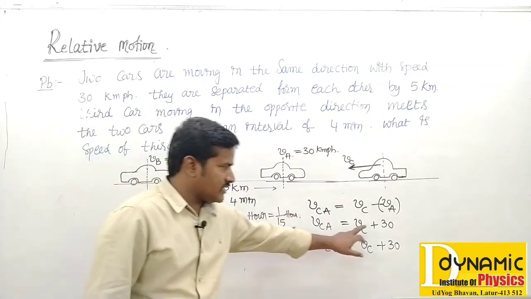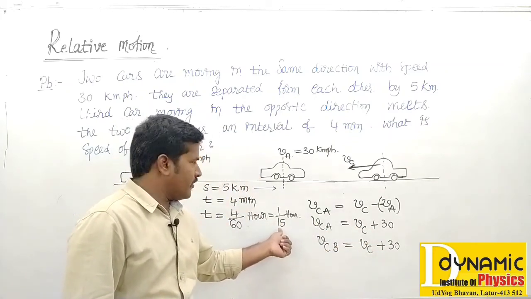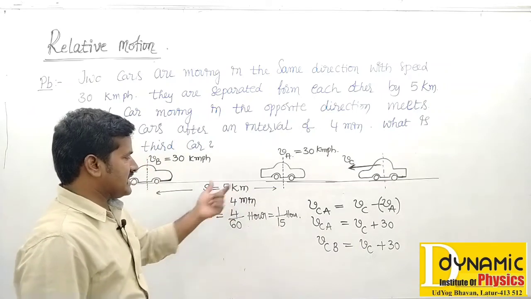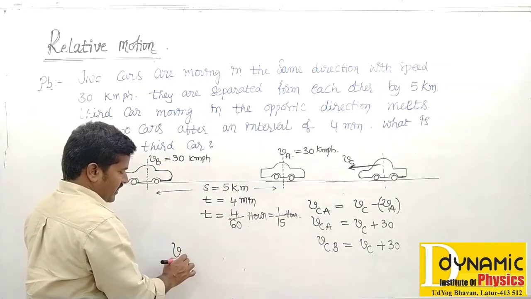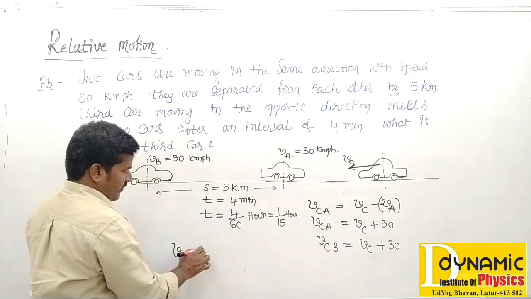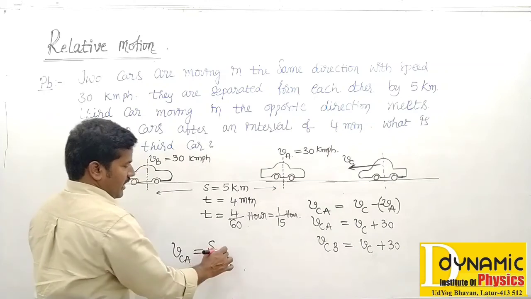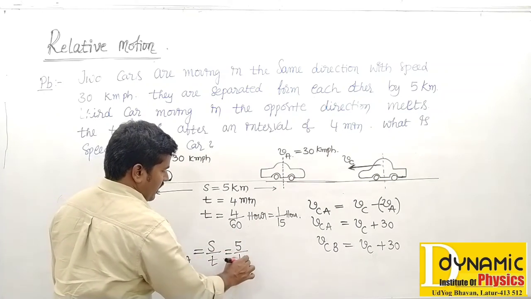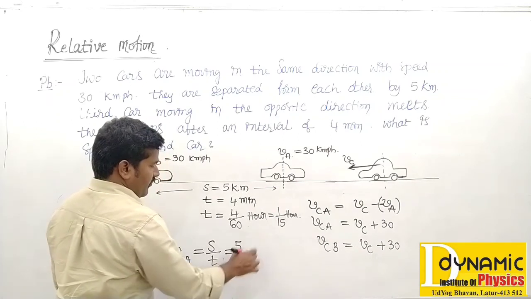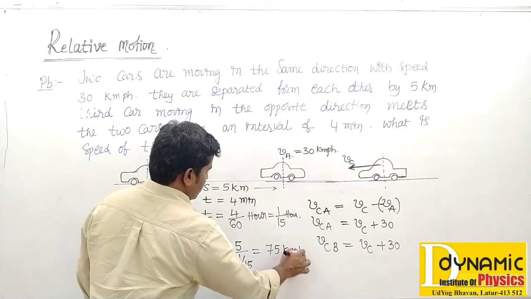The relative velocity we know, the time interval we know, and the separation distance we know. Then the relative velocity Vca or Vcb equals S upon T. The value becomes 5 kilometer upon 1/15 hour, this is 75 kilometer per hour.